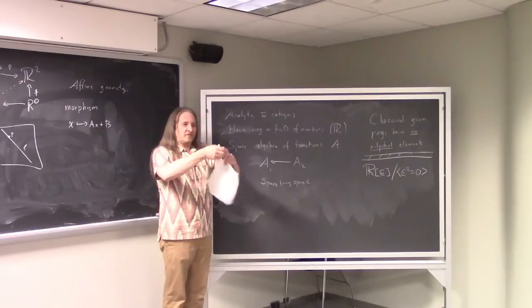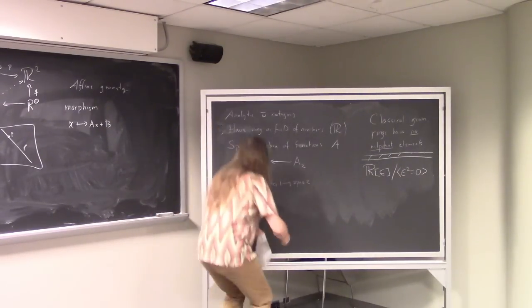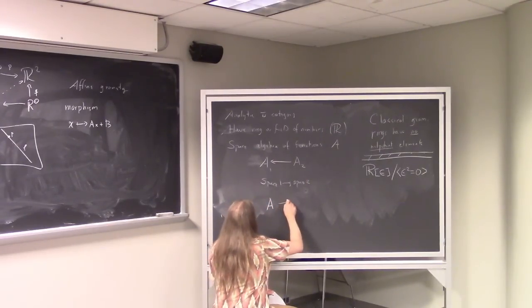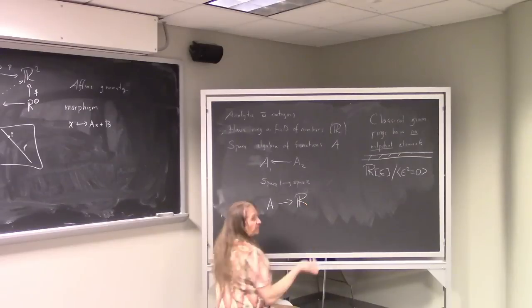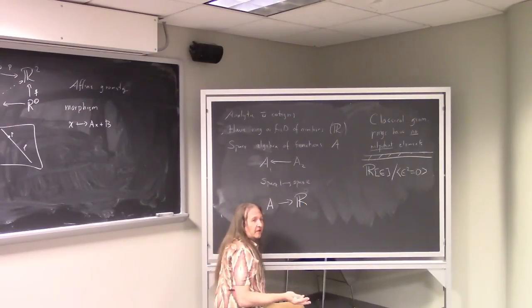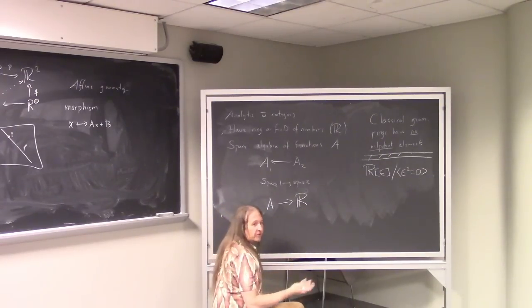A single point has a function at that point, which is just a numerical value at that point. So a map from my algebra to the field corresponds to specifying a point, which means given a function on it, I specify the value of the function at that point.